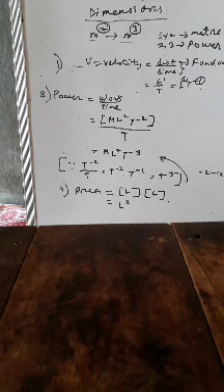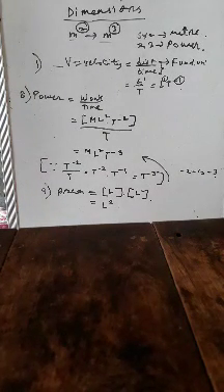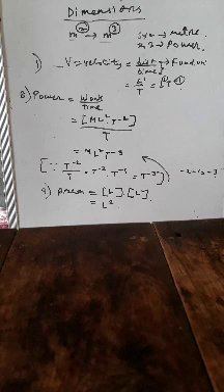Now students, you can ask me whether all physical quantities have dimensions. The answer is no. Physical quantities are available without dimensions also. So let us learn more about it.